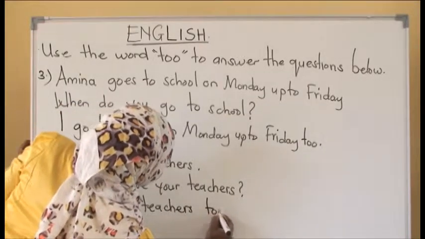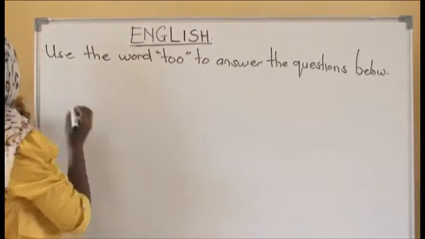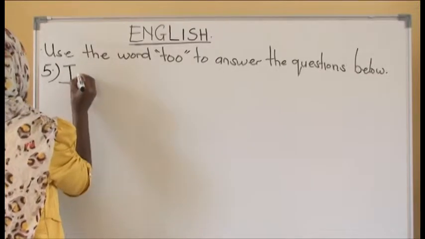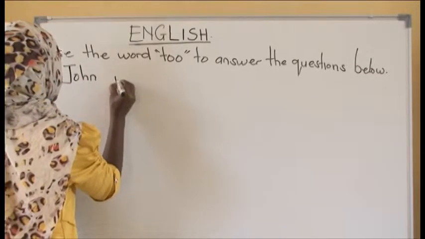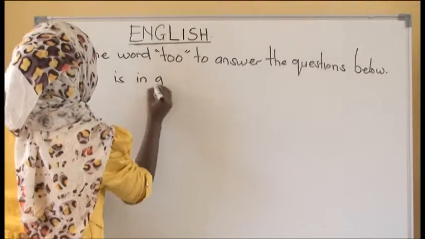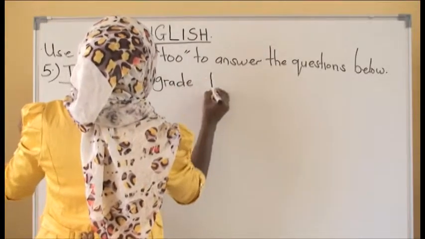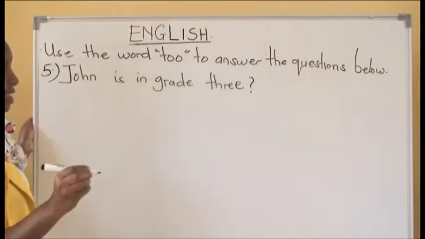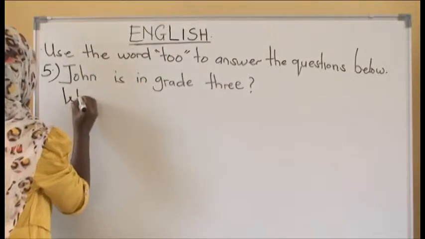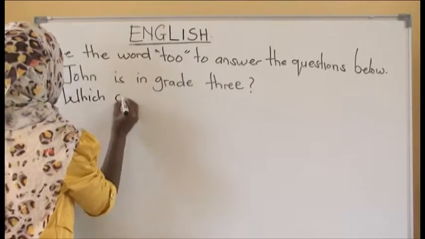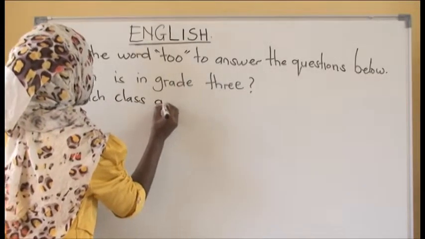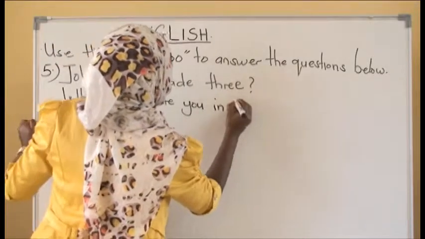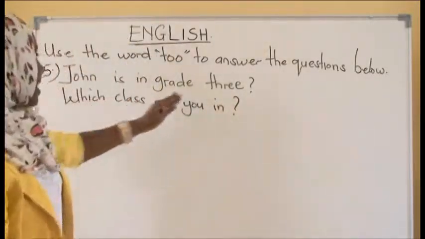The last question here, which is the fifth, was talking about John. John is in grade 3, and you were asked, which class are you in? John is in grade 3.